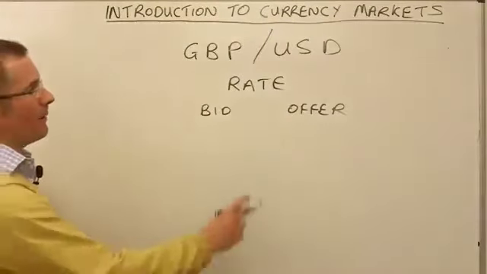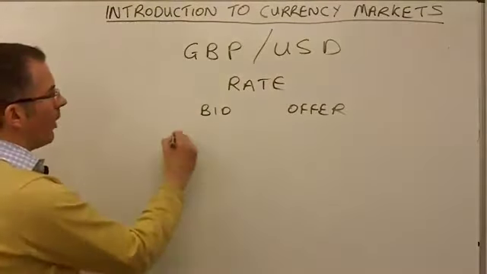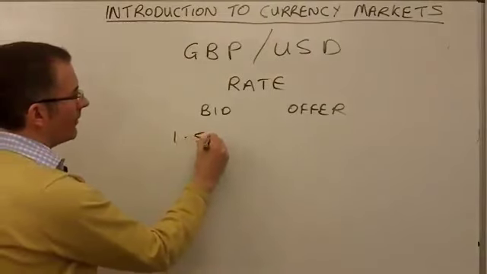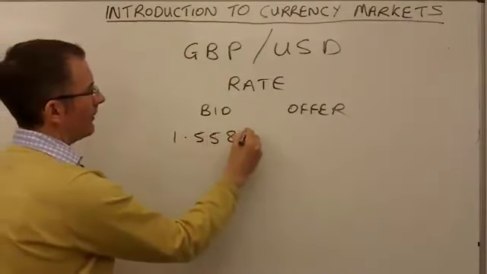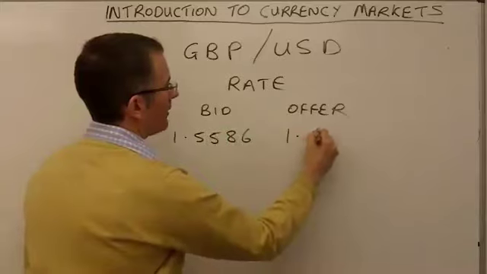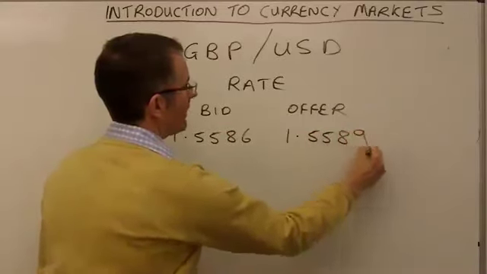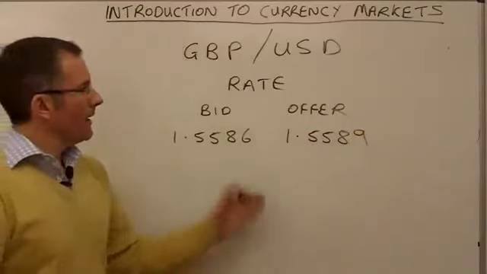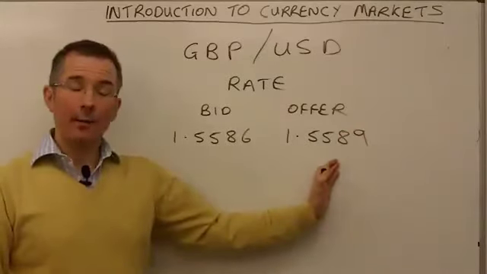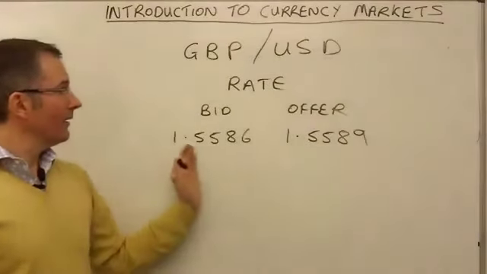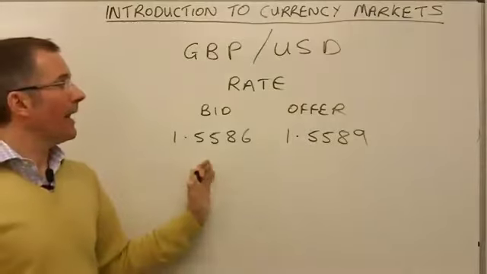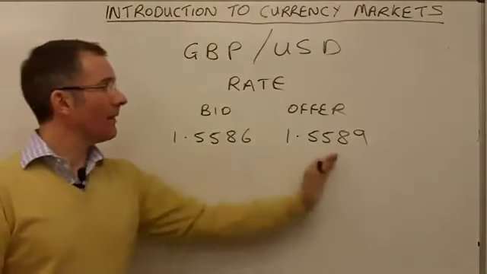So for example, maybe we've got a bid rate of 15586 and an offer rate of 15589. Now, on a screen, it won't necessarily say that this is a dollar rate. It may just appear like that.